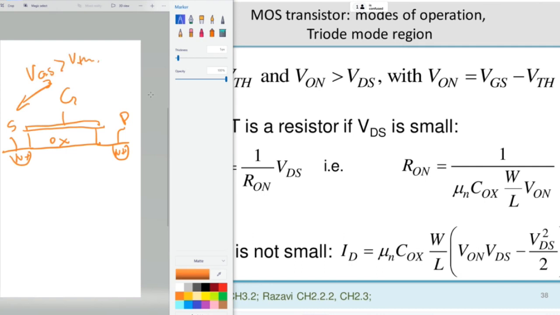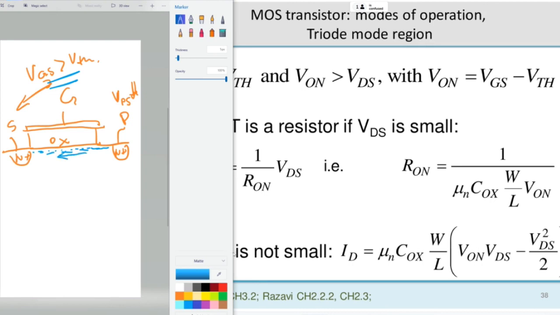And now the drain source voltage, so from here to here, is low. This allows me to have the channel. This makes sure that I invert the interface, so I have electrons here. So I have a channel between source and the drain, and I can conduct current.